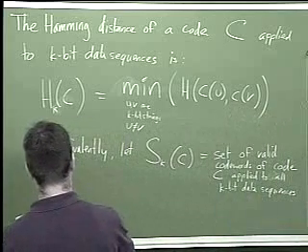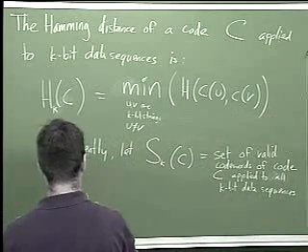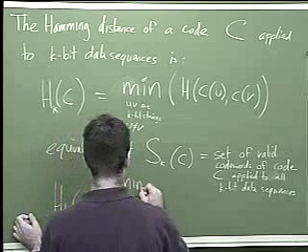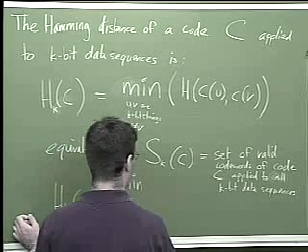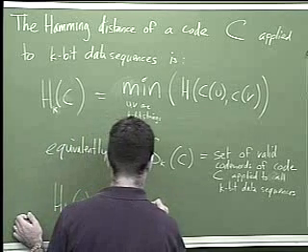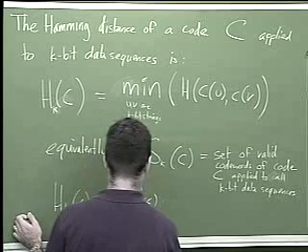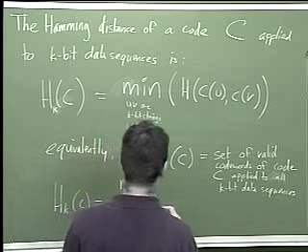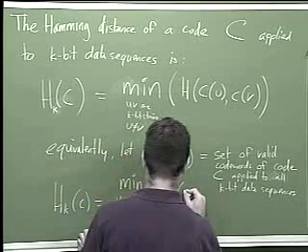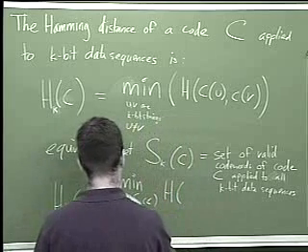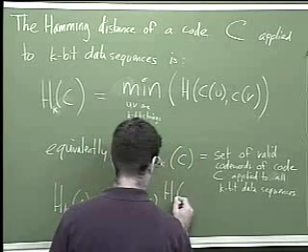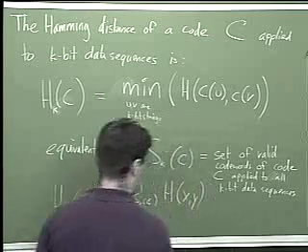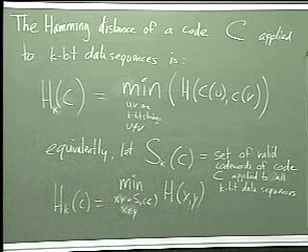Okay, then equivalently h sub k of C is again the min over u comma v, both in this set S sub k of C, again u not equal to v, of h. Let me not use u, v, let me use x and y. H of x, y, the Hamming distance between x and y.